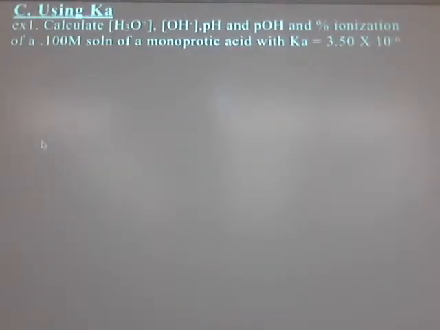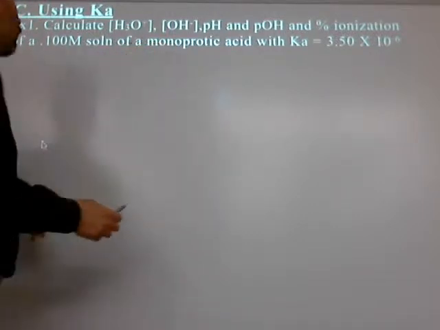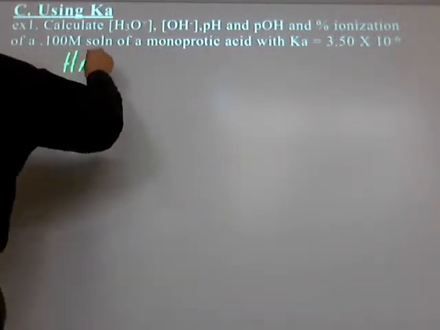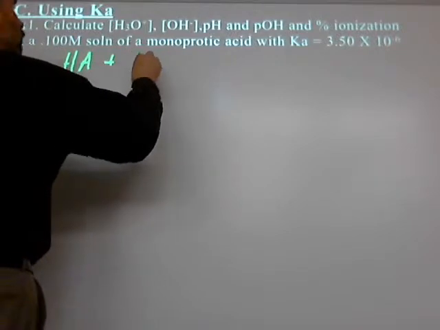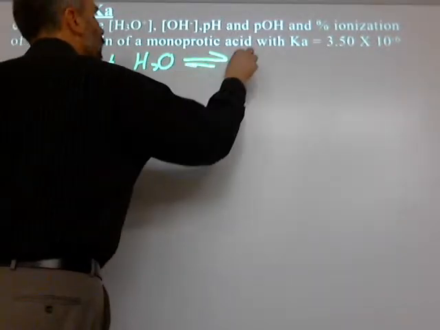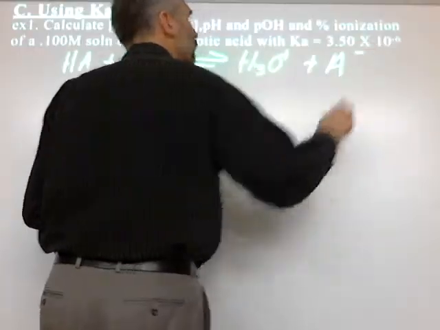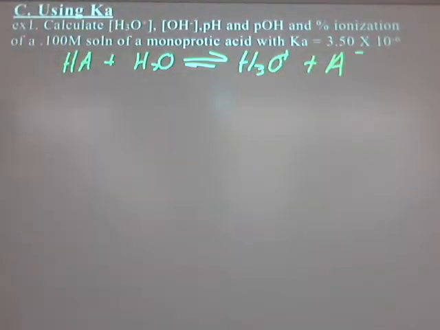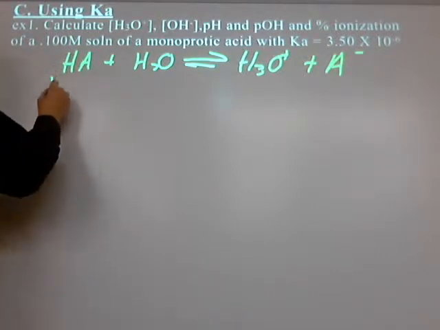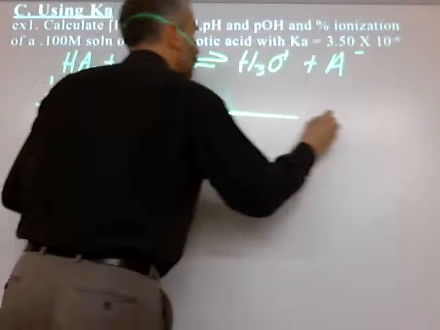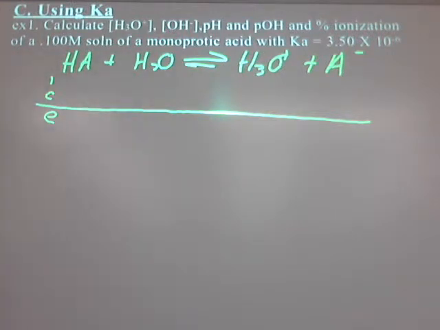Again, we're going to use a generic monoprotic acid, HA plus H2O yields hydronium and whatever the negative ion is. Even these are done by I, C, and E, and especially in these.